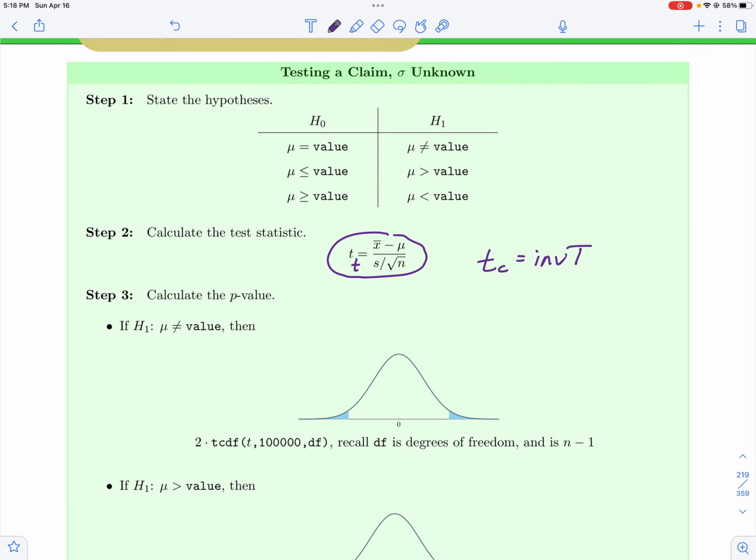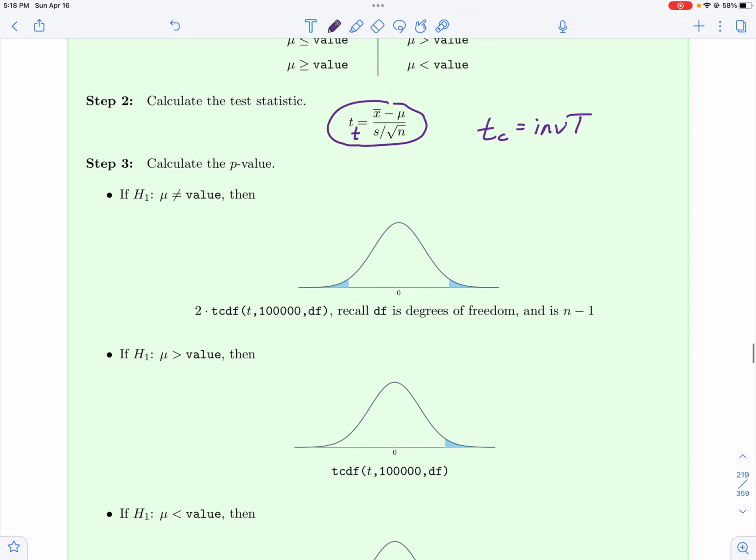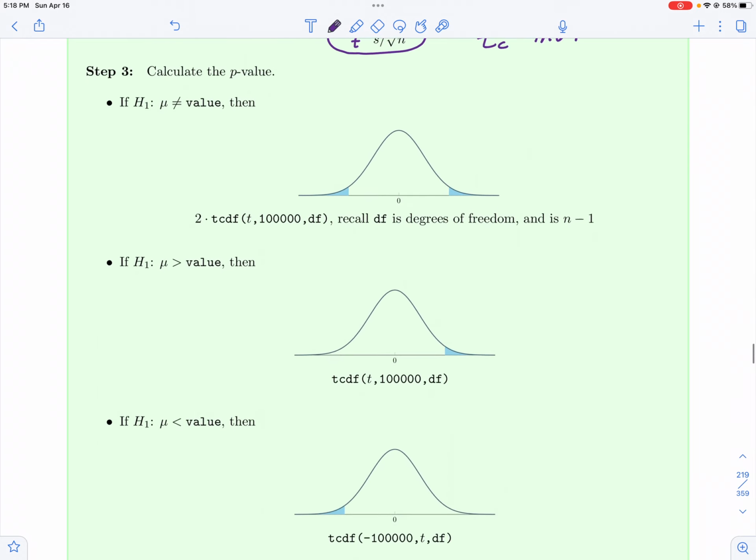And then when it comes to calculating our p-value, these are pretty much exactly the same as what we had before, except we're using t-CDF instead of normal CDF. So again, in our equals, not equals case, this is our two-tailed test. So notice we're going to have to divide our alpha up between the upper and the lower bound for the two-tailed test.